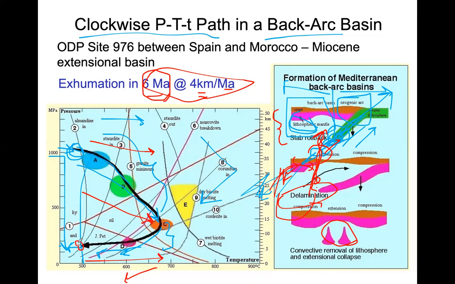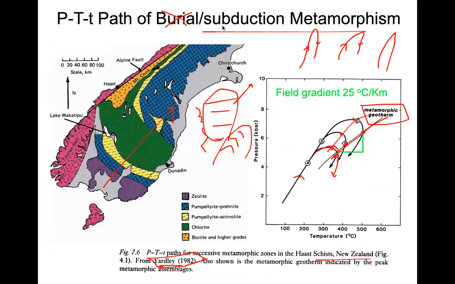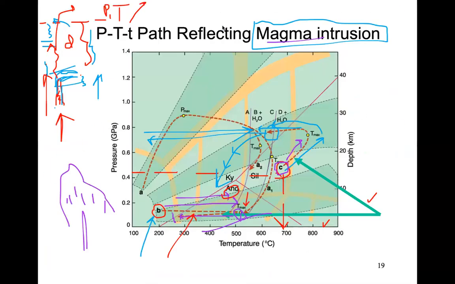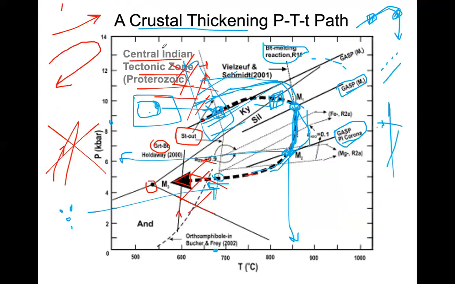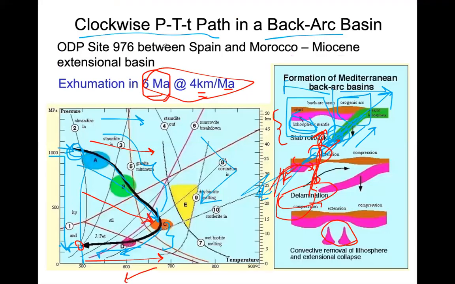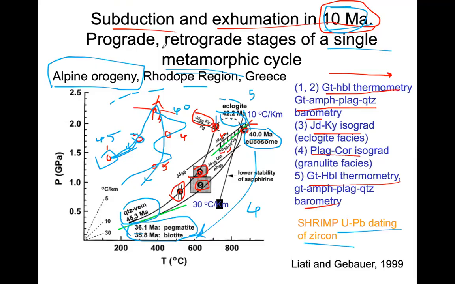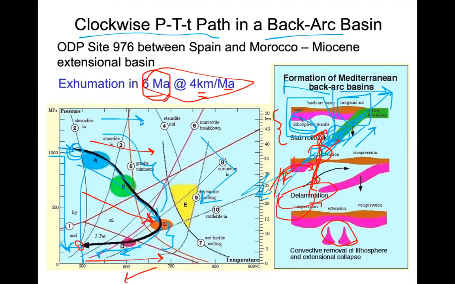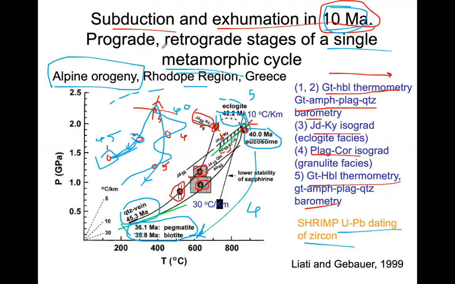Okay, so I think this section is clear for you now, because we were comparing the types of PT paths: collision, magma intrusion, and subduction. Okay, crustal thickening, magma intrusion, and what is the other one?